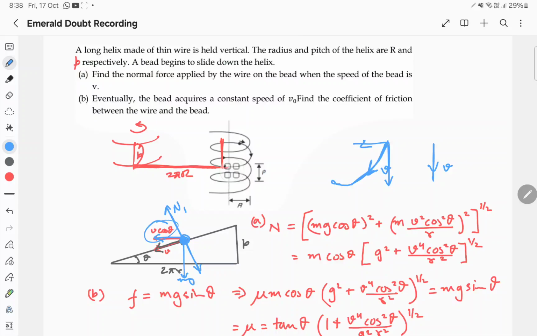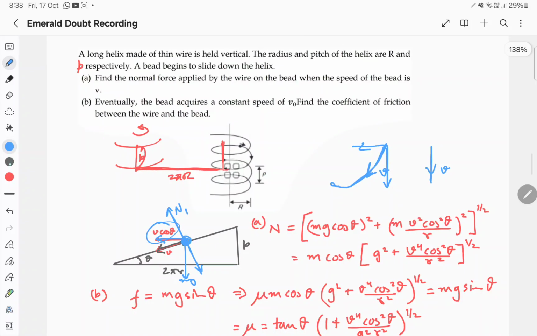In terms of the pseudo force, it feels a force outwards of m v square cos square theta by r. So there is a reaction to that, and the normal force is providing the centripetal acceleration, or in the pseudo frame we can say the normal force is countering the centrifugal force outward.